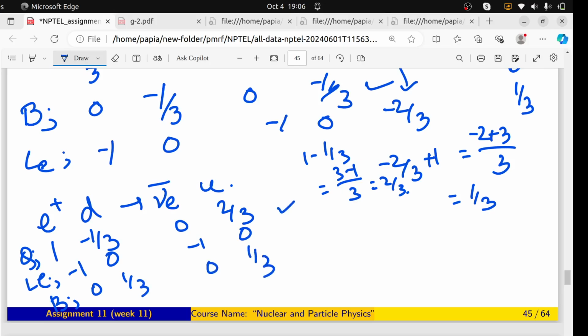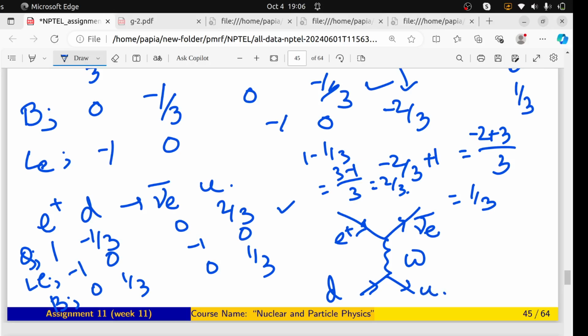Fine. Now coming to the Feynman diagram. E plus going to nu E bar through W, and D going to U. Is it possible? Minus 1 by 3 plus 1 is 3 minus 1, which is 2 by 3. That is fine. So it will come as W plus. So this interaction is also fine.